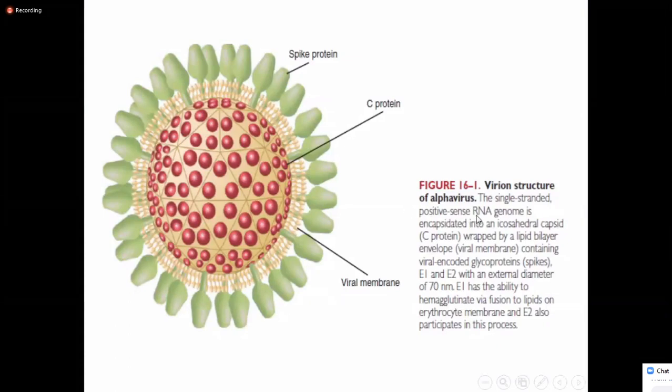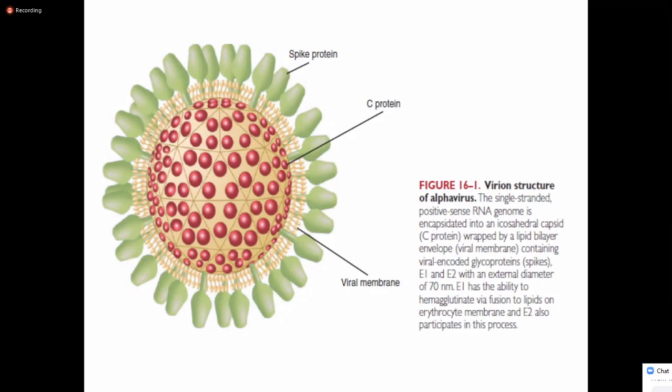This is a positive sense, single-stranded RNA virus. It is encapsulated in an icosahedral capsid, the C protein. This is the C protein. It has a nucleocapsid, and then it has the viral envelope. This is the viral membrane, and then spikes. The spikes are E1 and E2. These are protein spikes with an external diameter of about 70 nanometers.